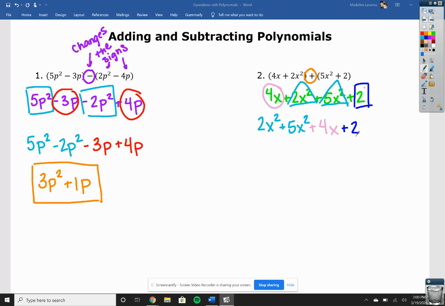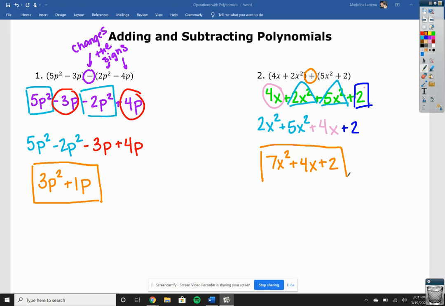Now that I have all of these, I can just go ahead and find out what my answer is. So combine the like terms. The only like terms that we have are 2x squared and 5x squared. 2x squared plus 5x squared gives us 7x squared. 4x doesn't have any like terms, so plus 4x. 2 doesn't have any like terms, so plus 2.